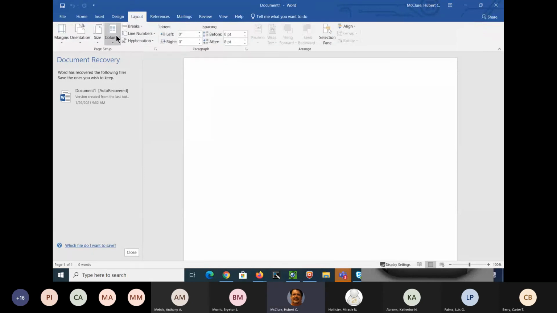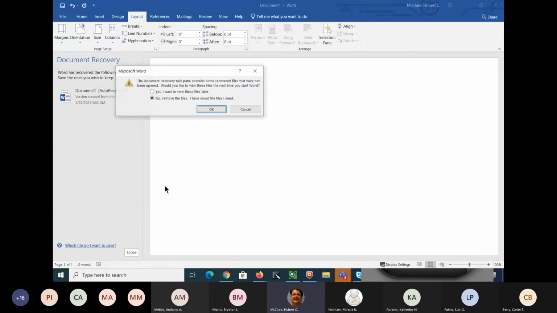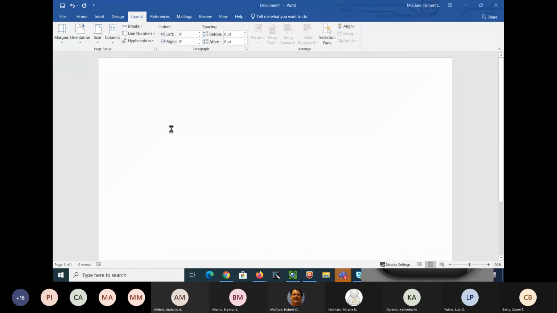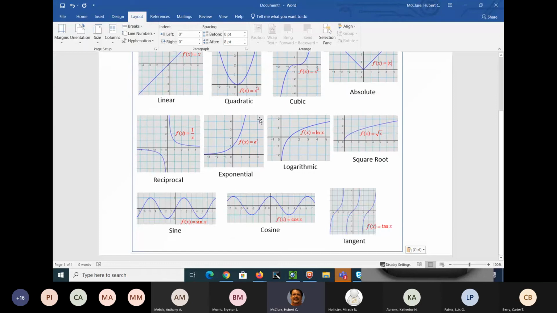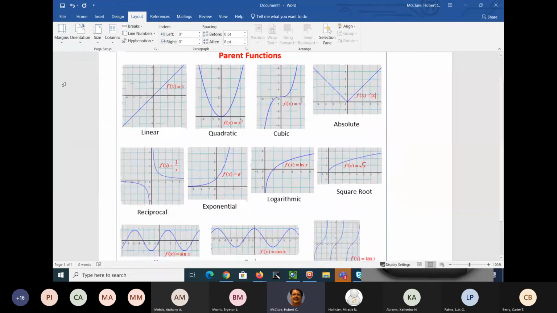Let's go to layout. Now you don't have to do this now. You don't have to. Okay, but you can hit landscape and it kind of spreads it out. And here we go. You ready? Control V. Let's see. So far, I think I've hit like 2 buttons. And we can make that a little bit bigger. I'm going to go up to margins and I'm going to hit that.